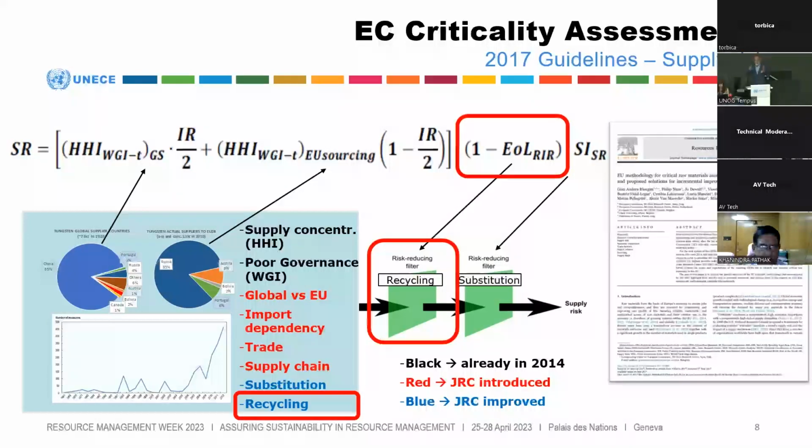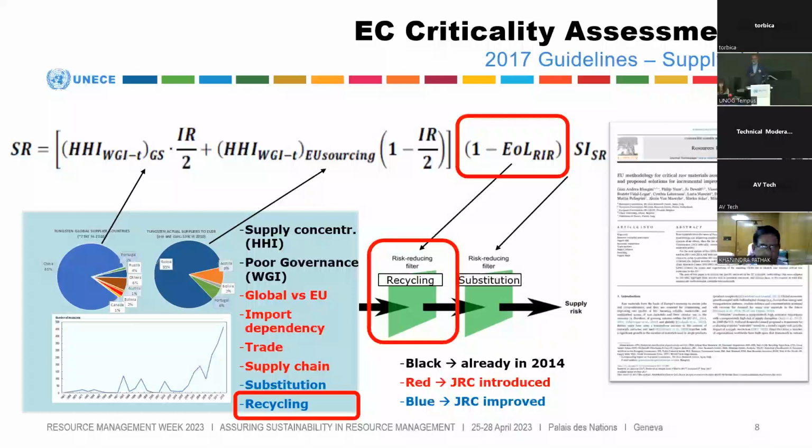So HHI and WGI. This gives a measure of some elements that help understand what could be the source of the risk, WGI, and then the more the supply is concentrated, you have the effect so-called all eggs in one basket, the risk will increase.